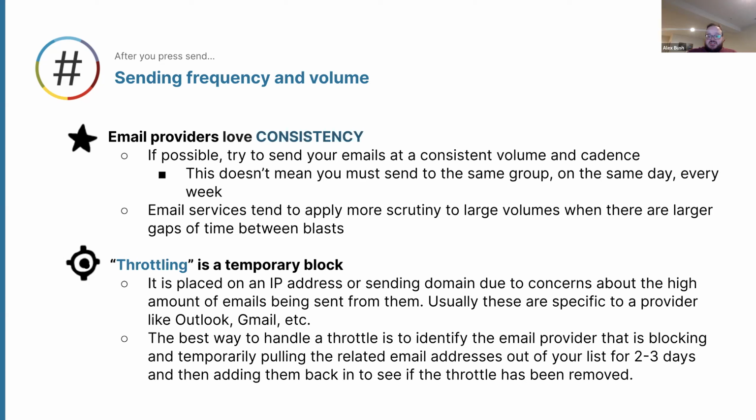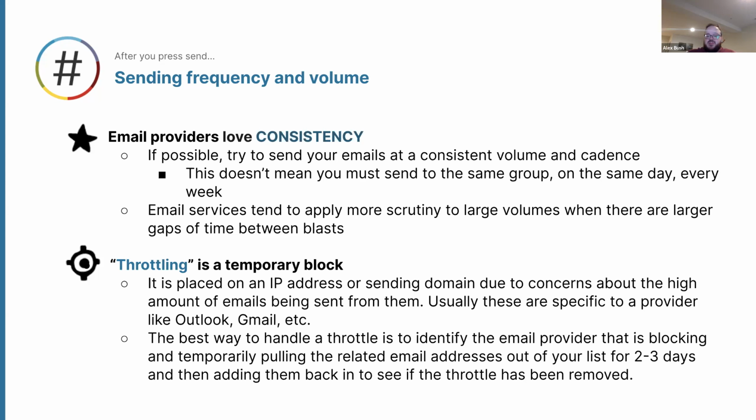When you start to see a throttle from your Gmail recipients that says, hey, we're throttling this sending because we're seeing a lot of email coming in from your sender, the best way to handle it is usually to take those email addresses that have been identified as throttled, remove them from your email lists for two to three days, and then phase them back in.